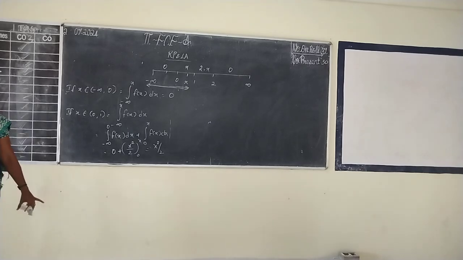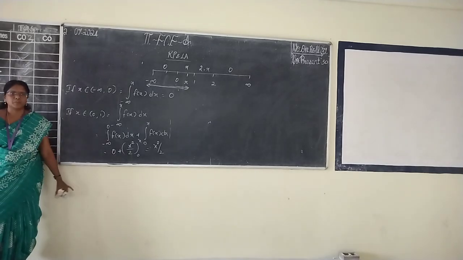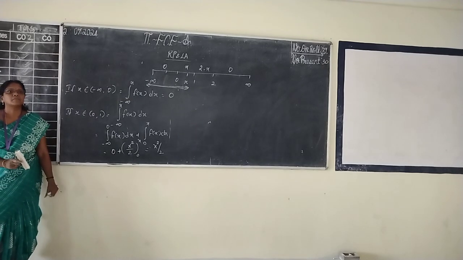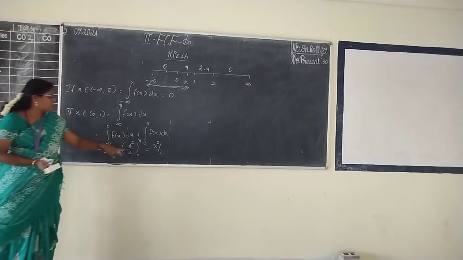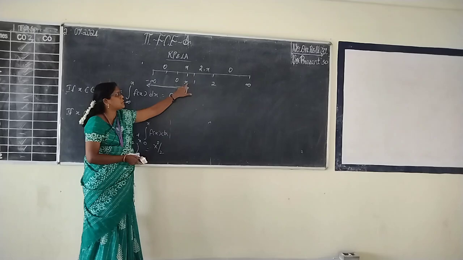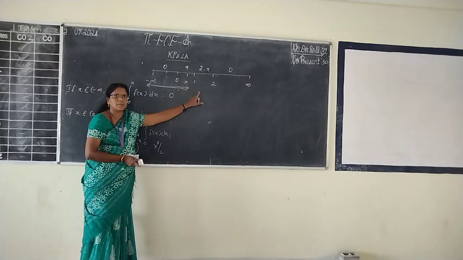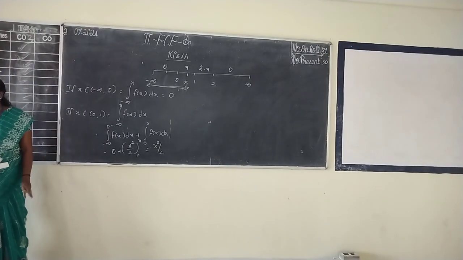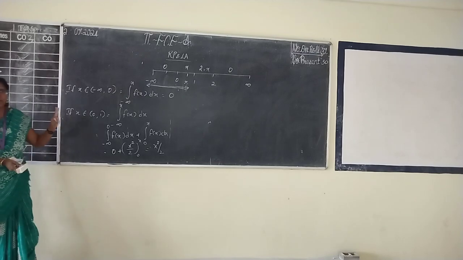So your answer is x squared by 2. We are going to integrate only from minus infinity to x, we are not going up to 1. Understood?